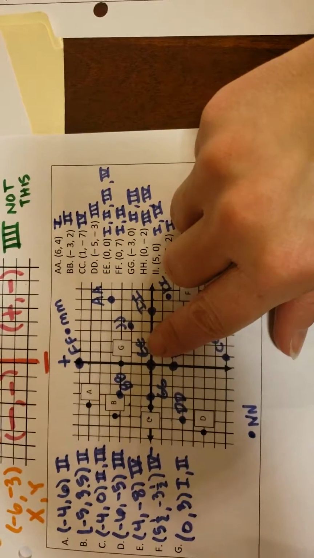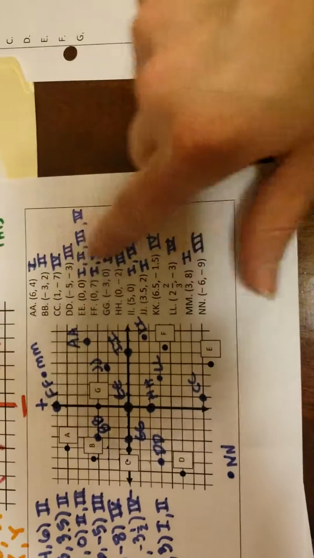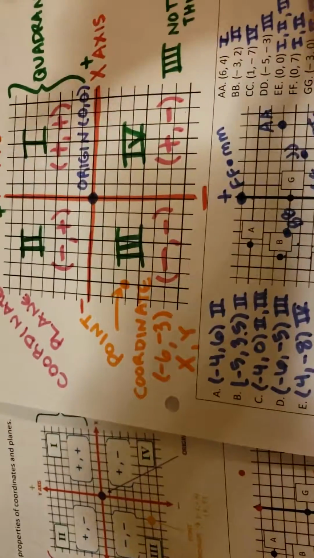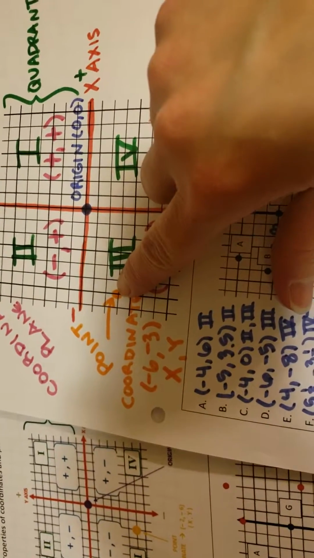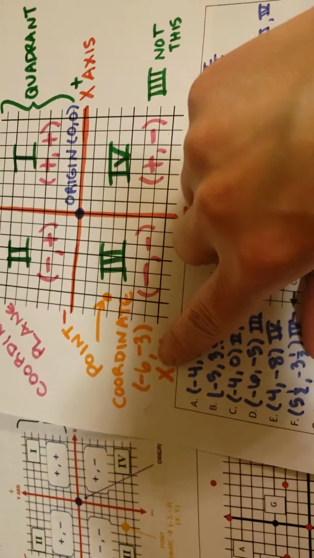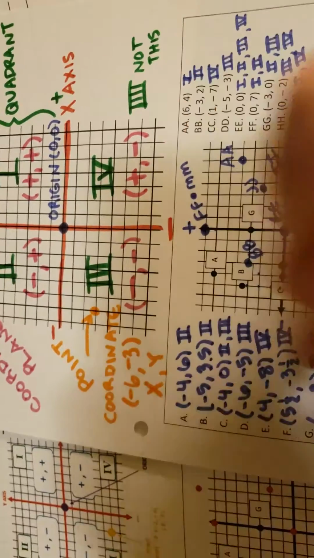And then last one says plot the points and label the points with the quadrant. Make sure that you label which ones they are, and then go back and mark the quadrants. And then at the bottom, it's asking, what is the difference between a point and a coordinate?